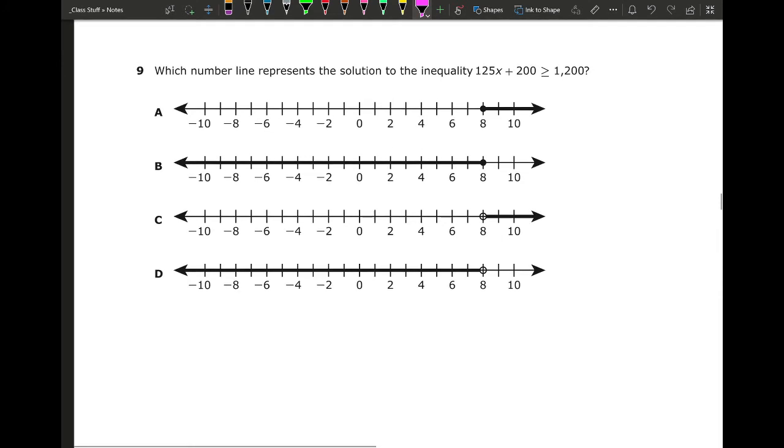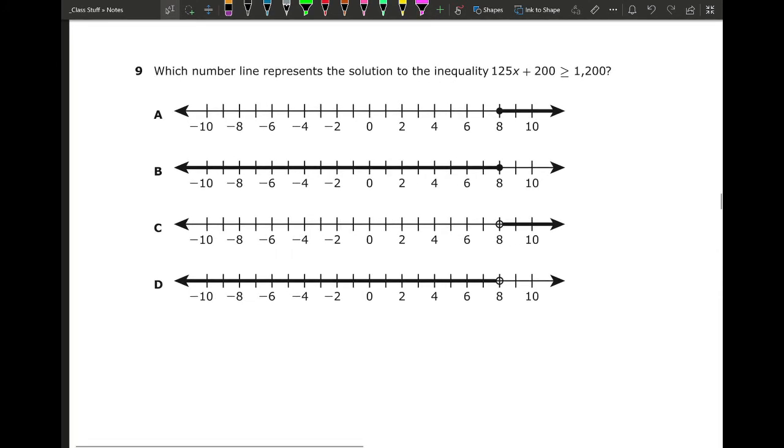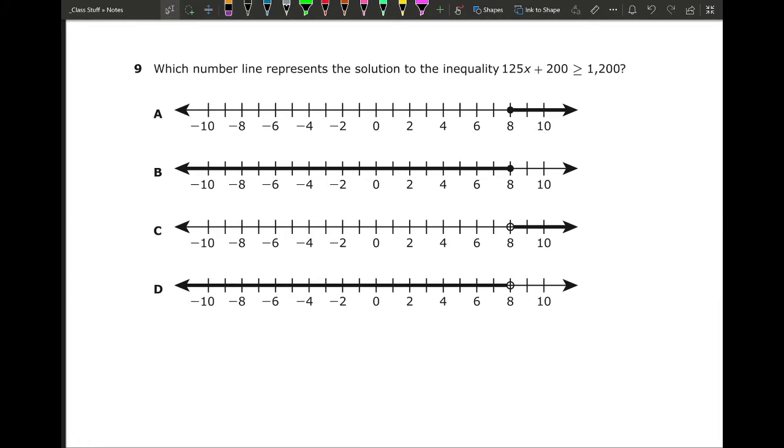Number 9: which line represents the solution to the inequality 125x plus 200 is greater than or equal to 1200? Now, I showed you before, these symbols do not include the answer, therefore you get an open circle, and these symbols include the answer, and you have a closed circle.